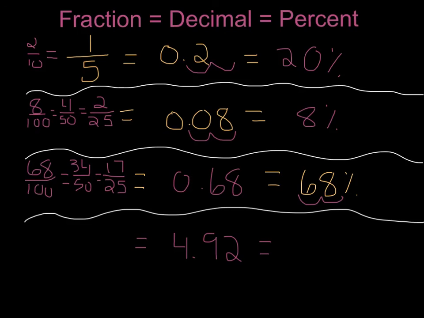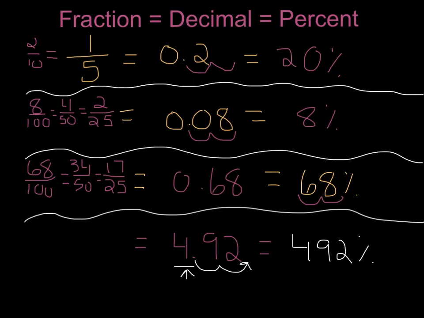Okay, last one, 4.92. So this time, let's see, we have a number in front, which means our percentage is going to be above 100%. Because if we move this decimal 2 places to the right, we're at 492%.